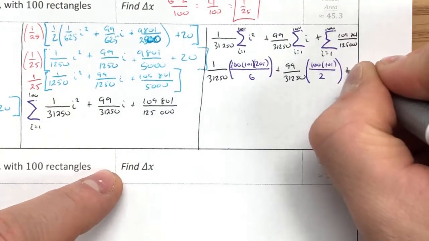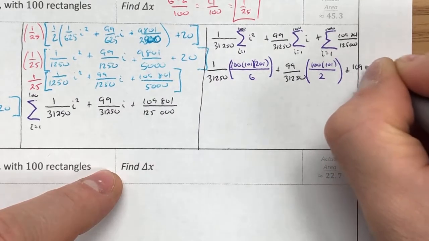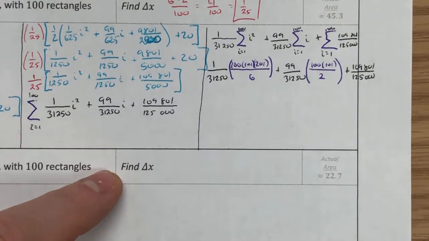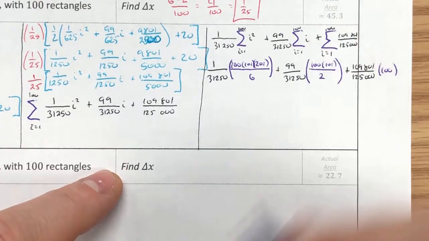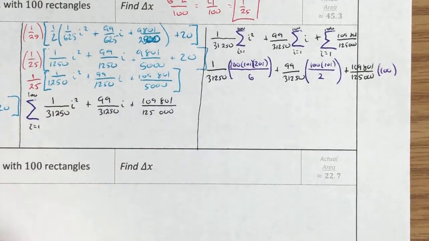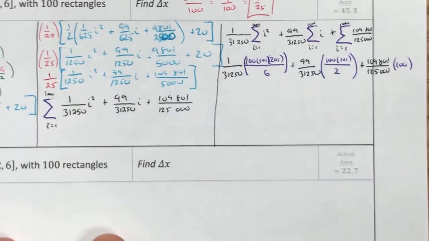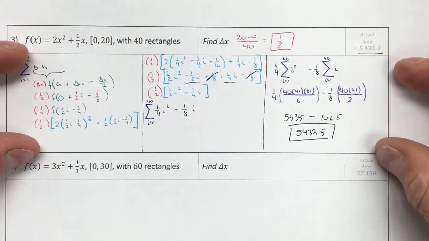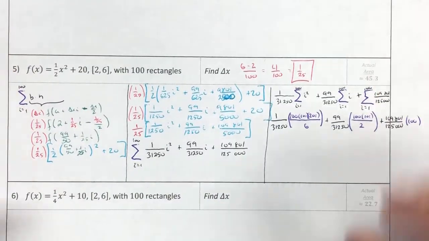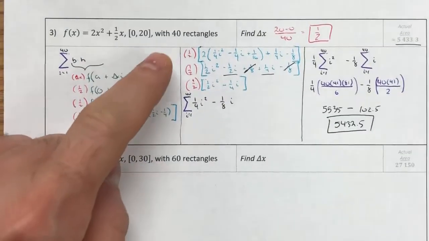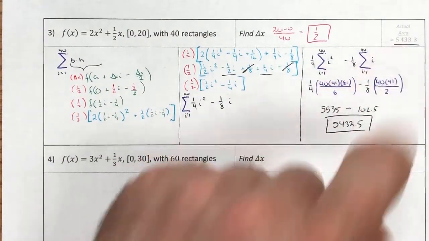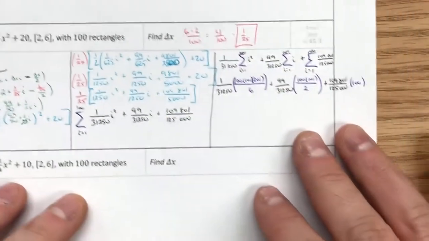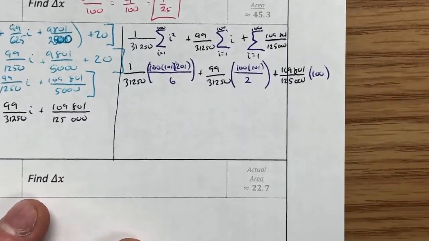And for our last term, it's just going to be 109,801 over 125,000 times n. Boom. Now, albeit that was a little grueling, it looks exactly the same as what we had previously. The fractions are a little more outrageous, but with 40 rectangles we were within 1. With 100 rectangles, we should be really close to that 45.3. So let's evaluate what this will give us.